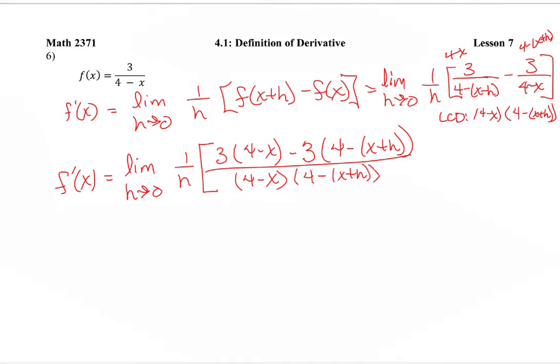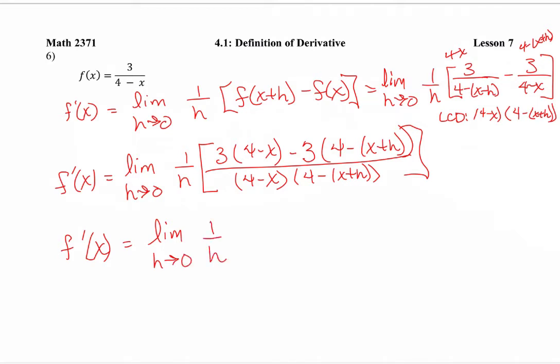Now here's a little hint. Do not multiply out your denominator. There's no need to, because when you take this limit, that's going to go away and you're going to end up with the same thing in the denominator. Okay? It'll make your life easier if you do not multiply that denominator out.